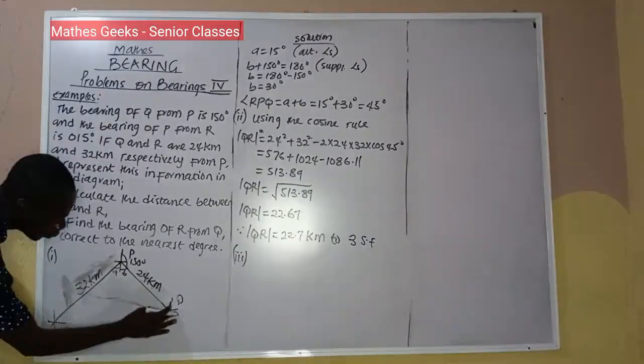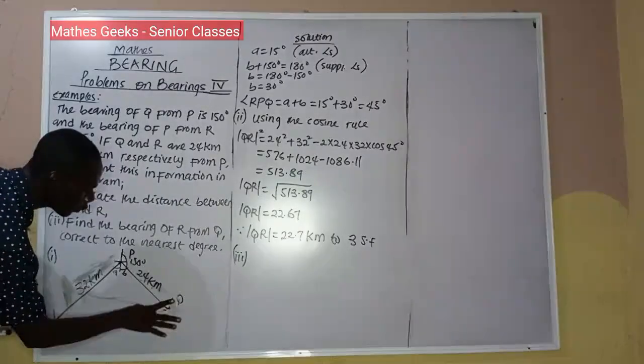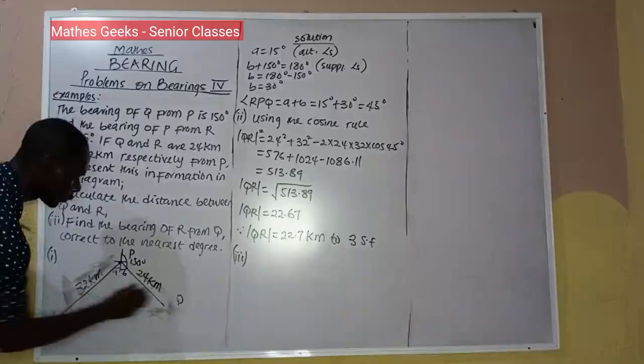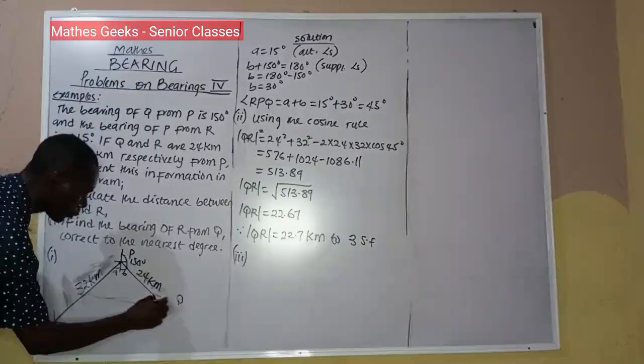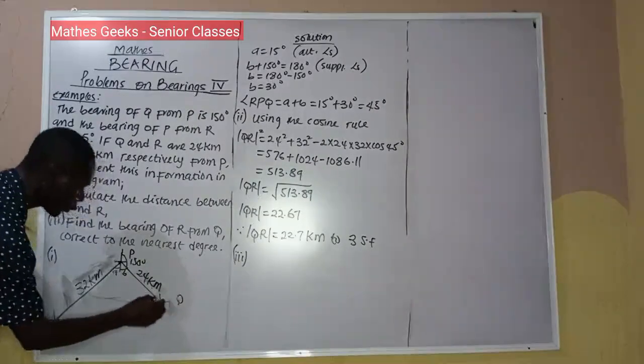So at the end of the day, let me look at this diagram. Let me bring this one up a little. 24 kilometers, and this will give the north and the south.